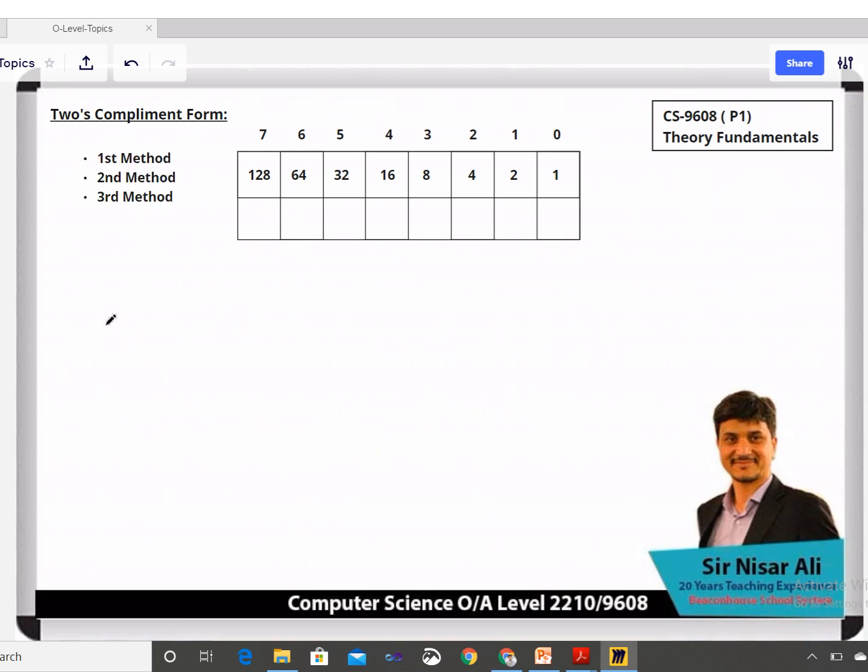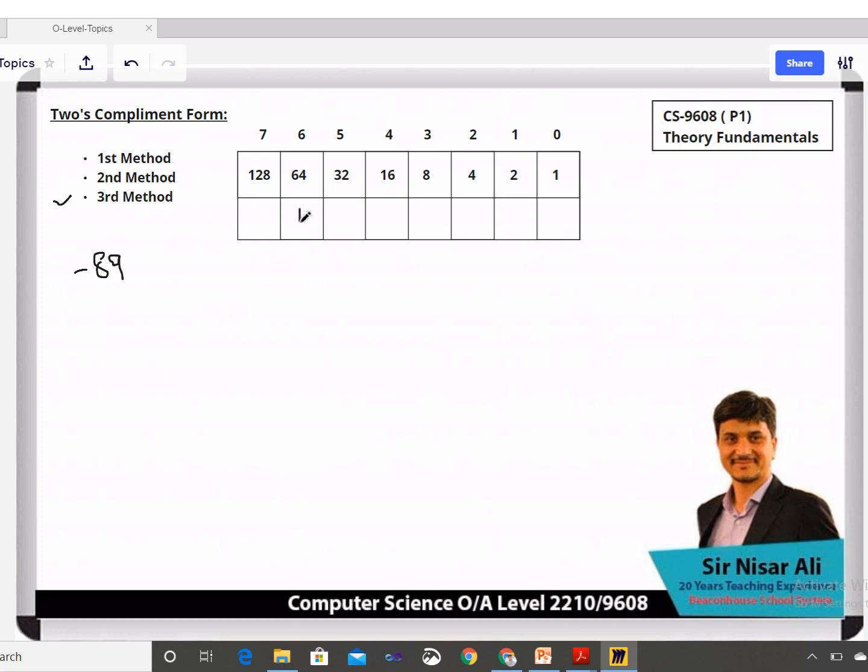Okay, now talking about the third method, it is the easiest and the simplest method. For example, we take a number like minus 89.